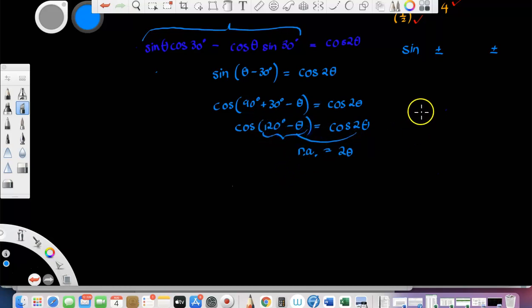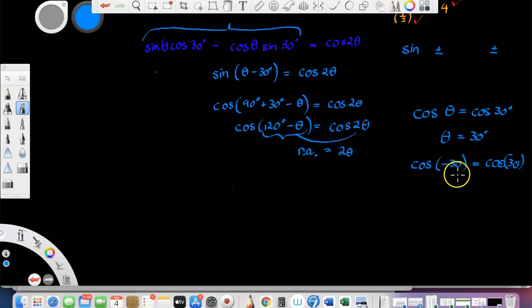So for example, if I tell you that cos of theta is equal to cos of 30, you will say, oh, that means theta is 30. No, because cos of negative 30 is also equal to cos of 30. They're the same because cos of a negative angle is still positive.